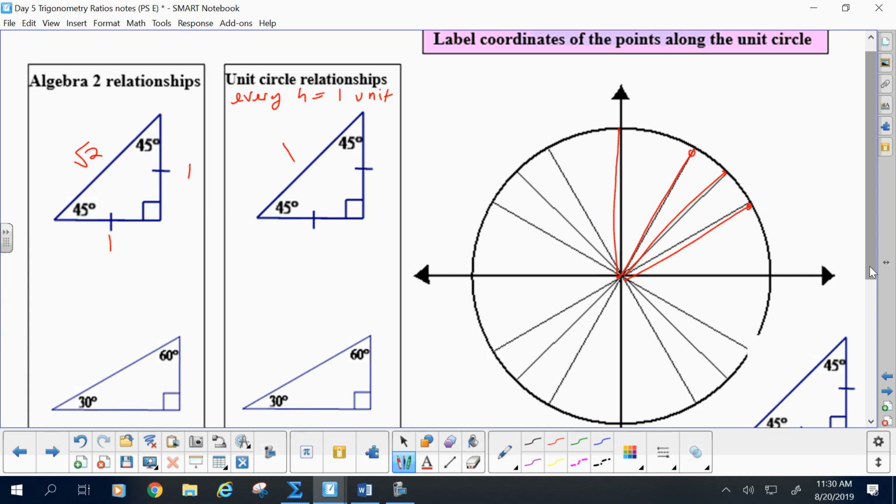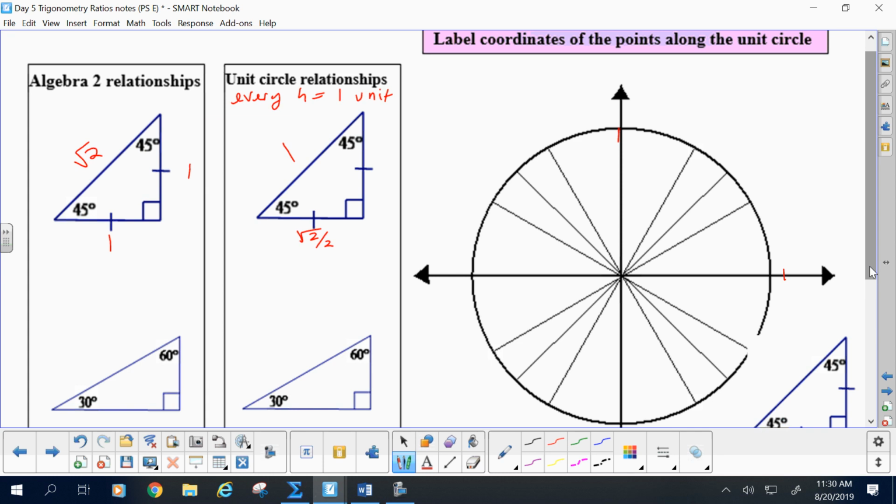Now, I can't put this triangle on this because the radius would actually be too long. It would be root 2. So when we do this in trig, we do a little bit of tweaking so the hypotenuse is always 1.